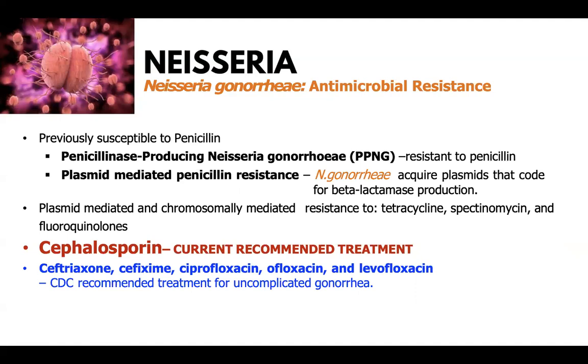Okay, so ang current recommended treatment for Neisseria infections, gonococcal infections is cephalosporin. Okay, CDC recommended for uncomplicated gonorrhea, meaning hindi ito DGI. Okay, yun lang usual na genital gonorrhea. So pwedeng ceftriaxone, cefixime, ciprofloxacin, ofloxacin, or levofloxacin.